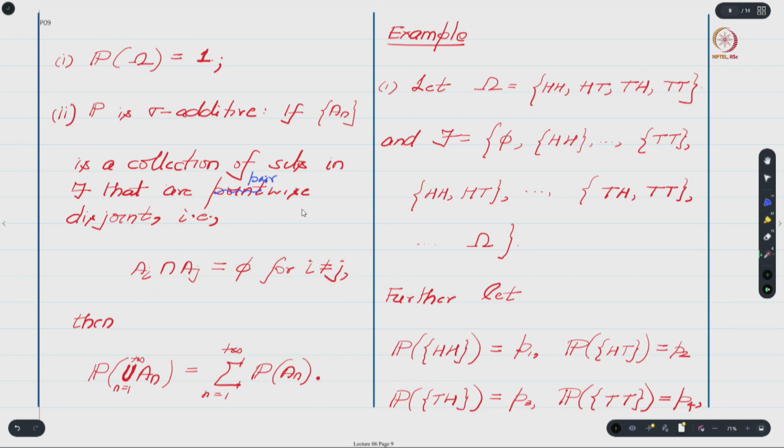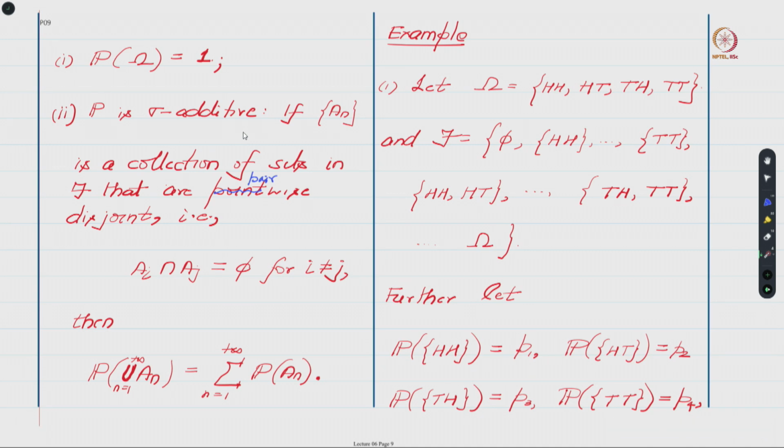That is what pairwise disjoint implies. Whenever you have such a collection, then we require that P satisfies this additive property, that is, the probability of this countable union should be the sum of these individual probabilities. So whenever we have a function P which satisfies this property, we will say that P is sigma additive.